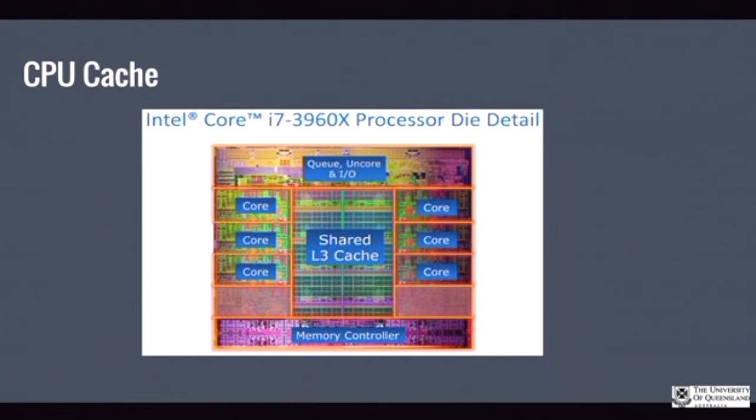So what CPU manufacturers did in about the 1980s is they started adding caches. The L3 cache is shared by all 6 cores, which means all 6 cores tap into it. And then each core also has an L2 and an L1 cache. The L1 cache is the smallest, but also the fastest. L2 cache is slightly bigger. L3 cache is way bigger than all of them.